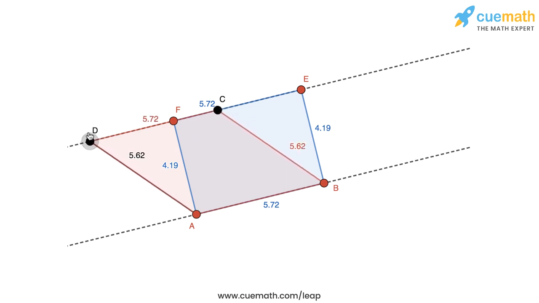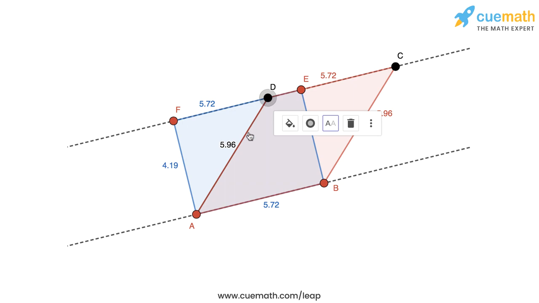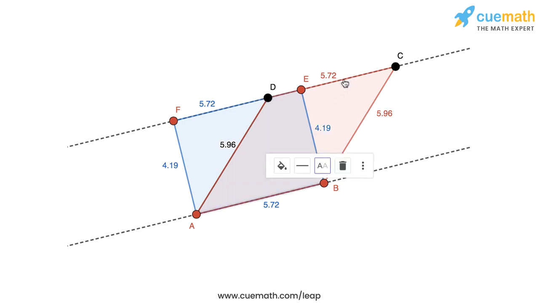The other two pairs of sides have equal lengths. So AB and DC and AB and EF always have the same lengths, 5.72. But the other pairs, BC and AD, have larger lengths than BE and AF.